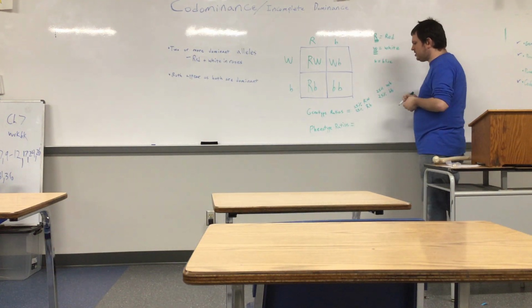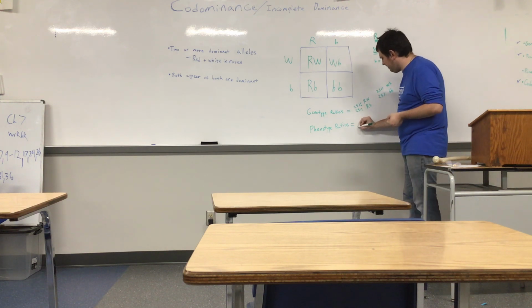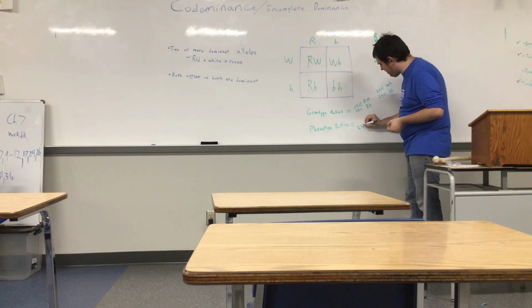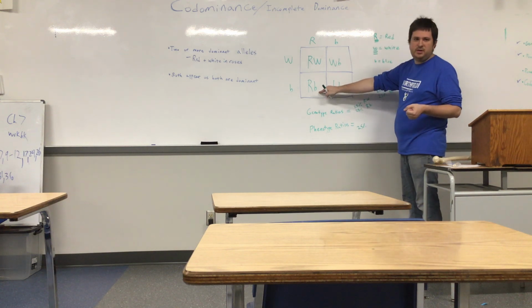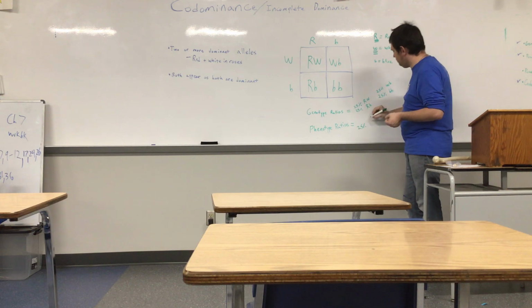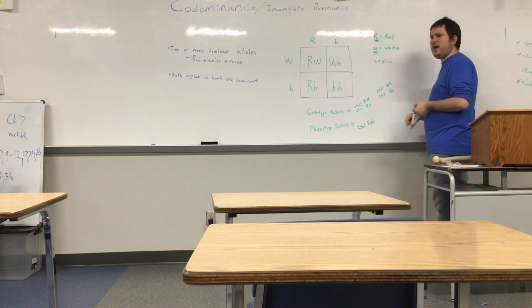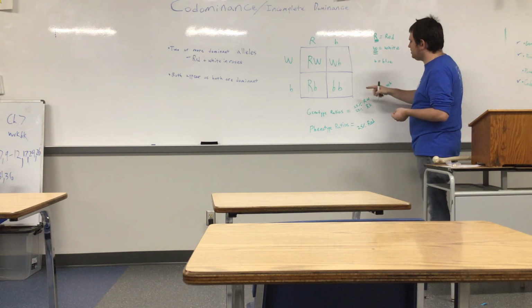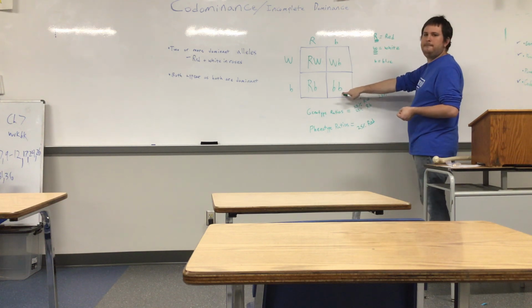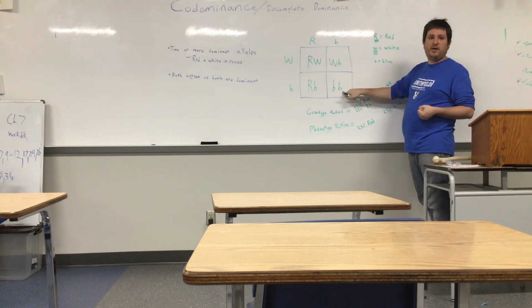Next, we have the phenotypic ratios. We have 25% RB, which will get us, red is dominant over blue, 25% red. Next, we have BB, which is 25% blue, because you have two recessive.